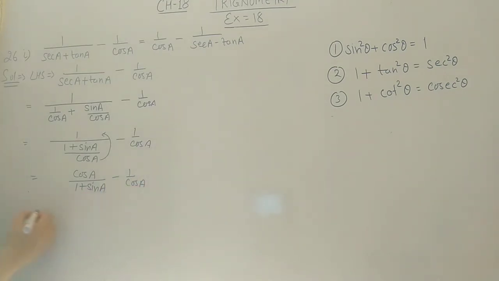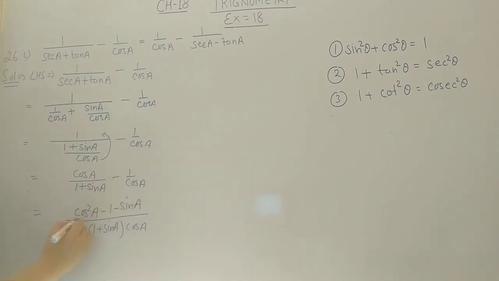After this we can take the LCM. LCM will be the multiplication of both denominators, (1 + sin A) cos A, and here we will get cos²A − 1 − sin A.